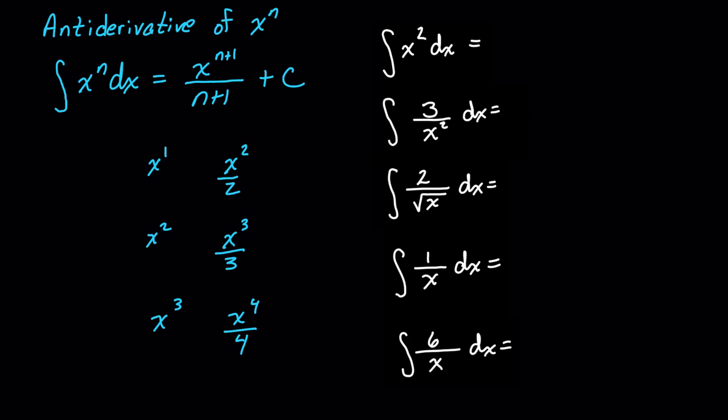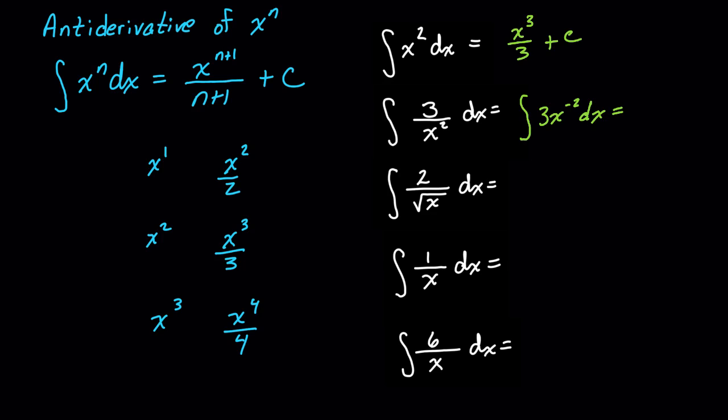All right, so if you take a look at the problems that we have over here, we are given the integral of x squared dx, which would yield x to the third over 3 plus c. We've already done that one. Now, the integral of 3 over x squared dx, we want to try to convert these things into x raised to a power. So this would be the same thing as saying the integral of 3x to the negative 2 dx.